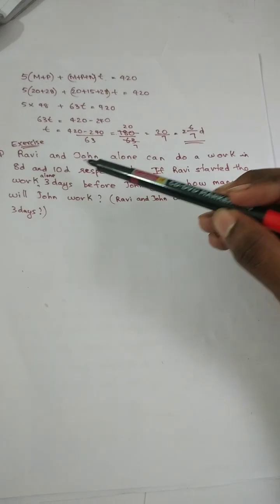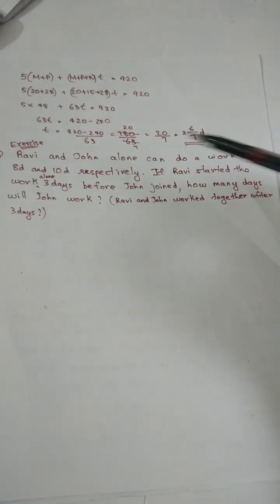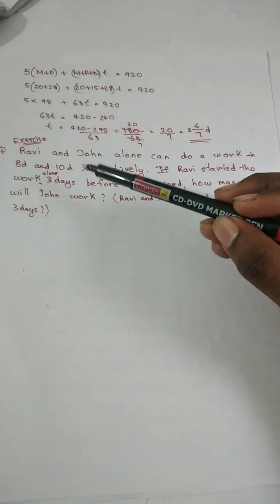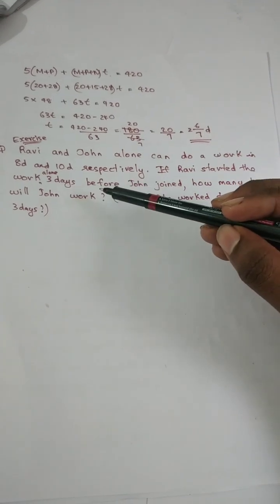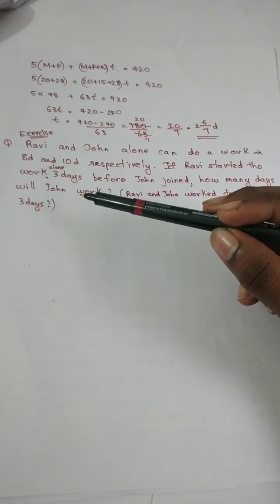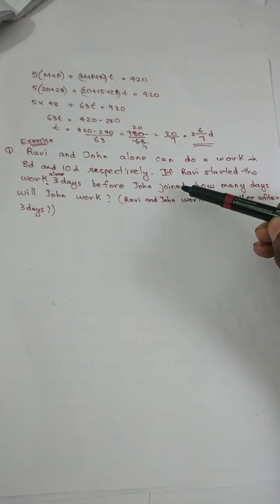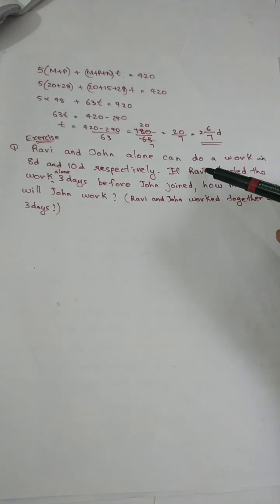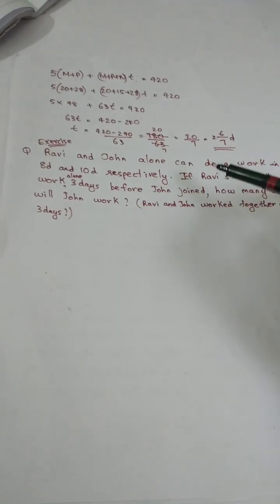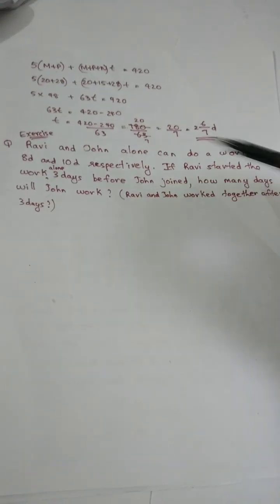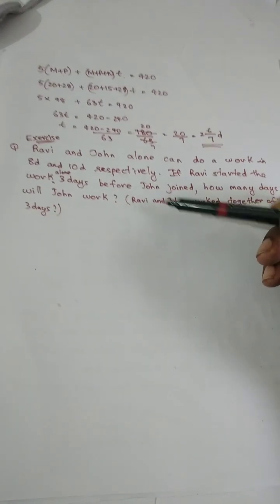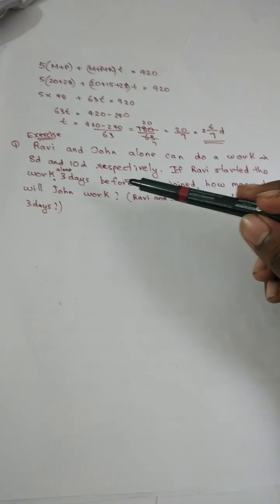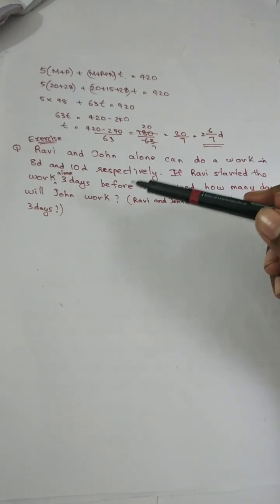Ravi alone worked for 3 days, and afterwards John joined Ravi and completed the work. Before John joined, Ravi worked for the whole 3 days. So what would be the answer?